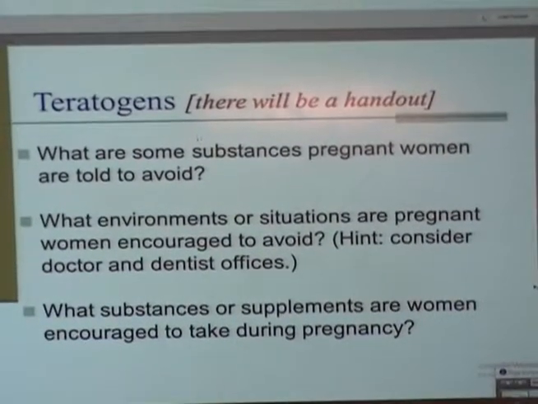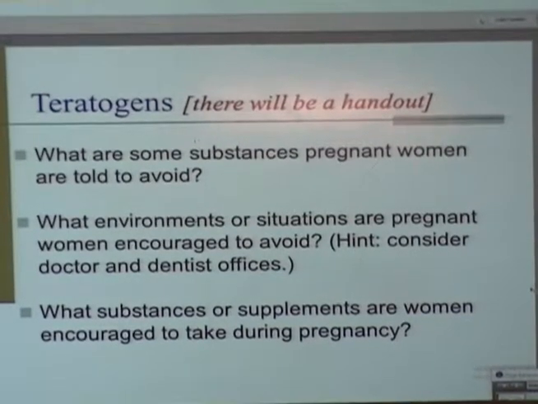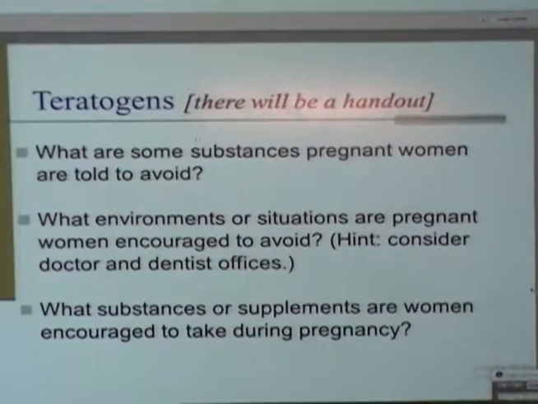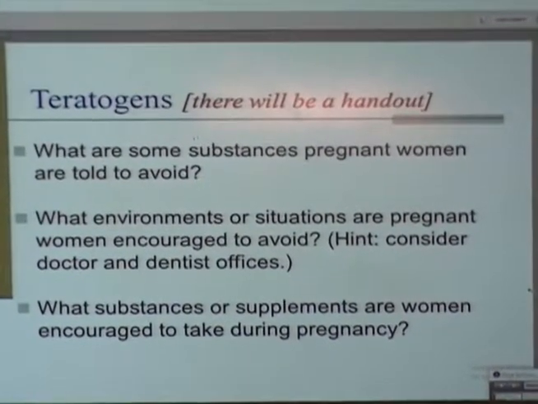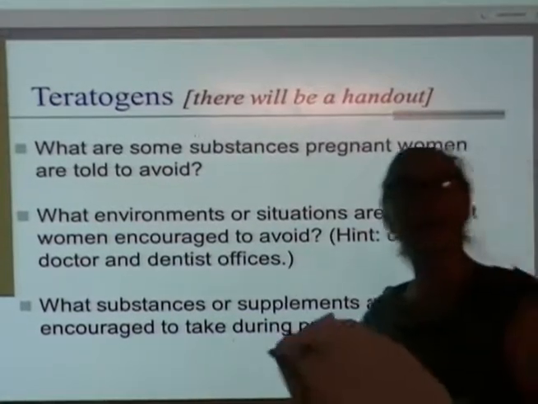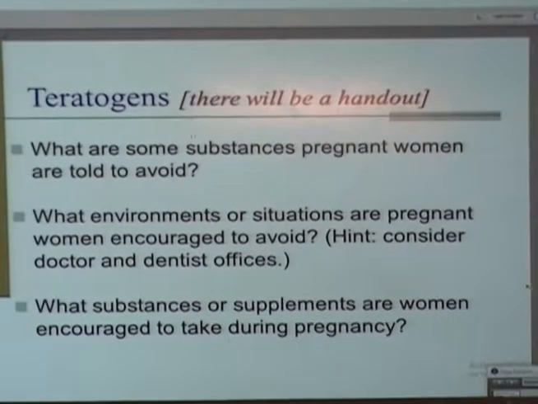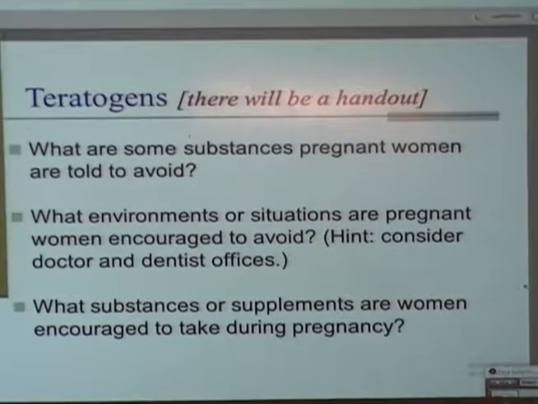Which involves knowing that you're pregnant. So that's something to think about, because if I'm a party girl and I like a drink and I don't know I'm pregnant, I'm not going to stop drinking.